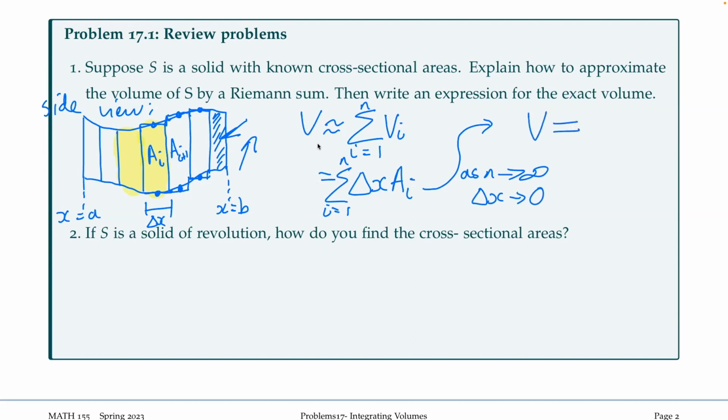So our exact volume is going to be the integral from a to b of A(x), an equation describing the cross-sectional area at point x as we move along in the x direction. So this is the x direction. We pick a point x and we work out the cross-sectional area at that point x, okay? This integral of our area is going to give us volume.